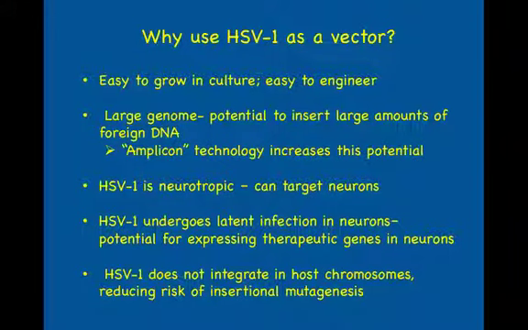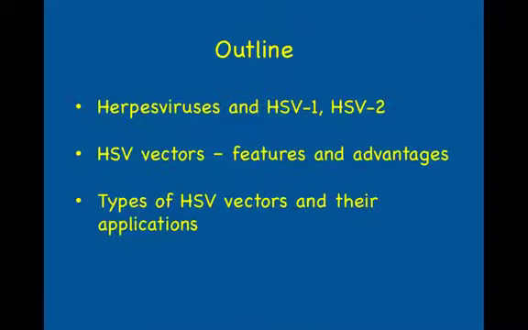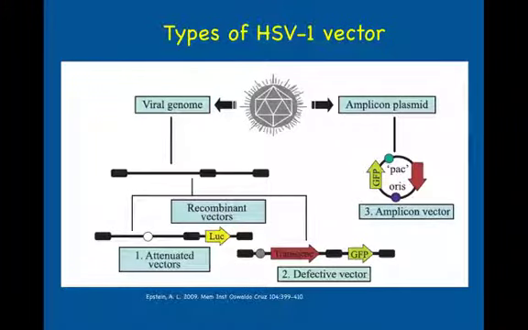Why use HSV as a vector? We've talked about these, and we just talked about undergoing latent infection in neurons. So we are moving on to types of vectors. You can either get the Amplicon plasmid, or you can use the viral genome.